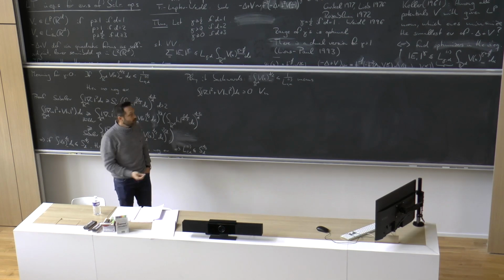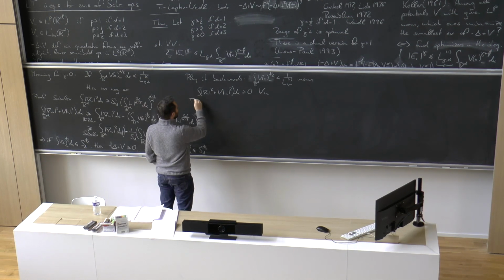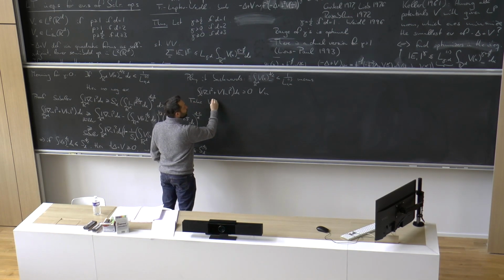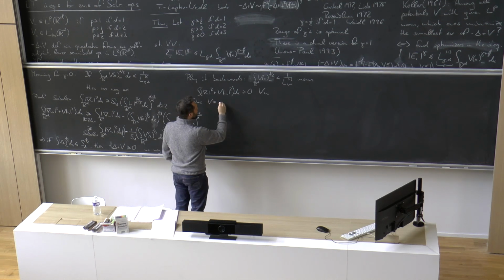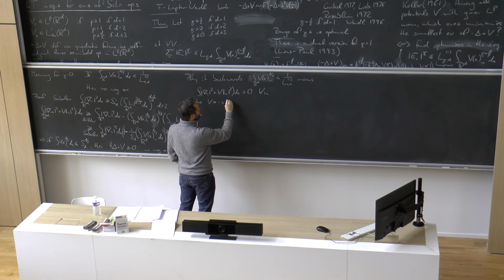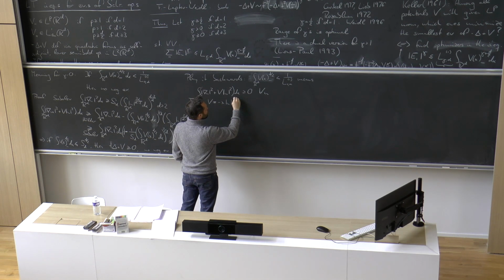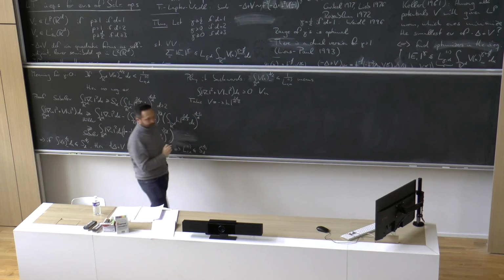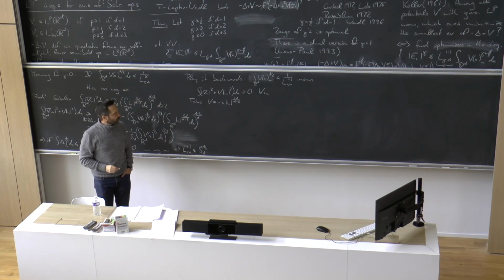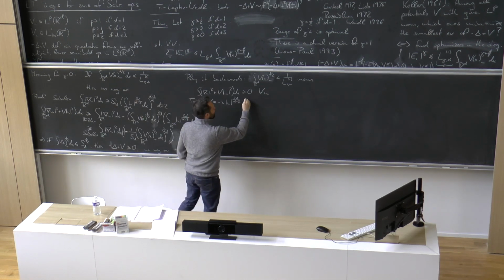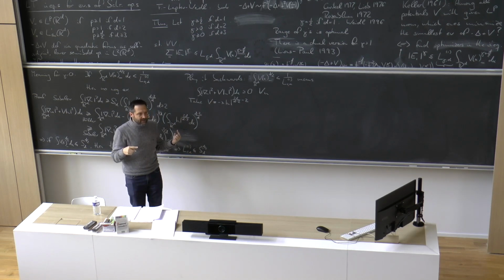So what I'm going to do is take V equal to a constant, say lambda, times u to the 2d/d-2, minus 2. Why am I choosing this?